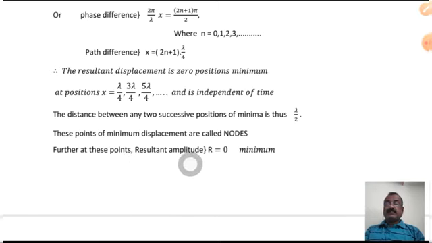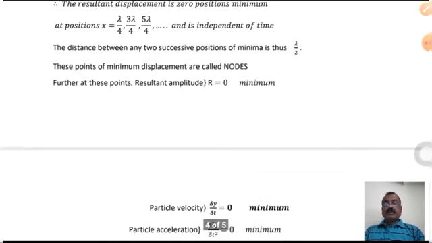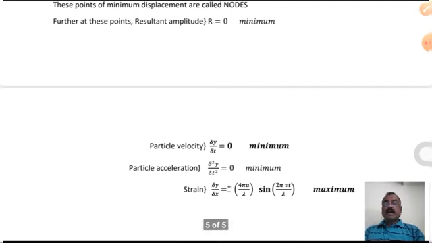Further, at this point, the resultant amplitude R is equal to 0, and particle velocity is 0, minimum. Particle acceleration is also minimum. Therefore, the strain is plus or minus 4 pi a divided by lambda sin 2 pi Vt by lambda, which is maximum.